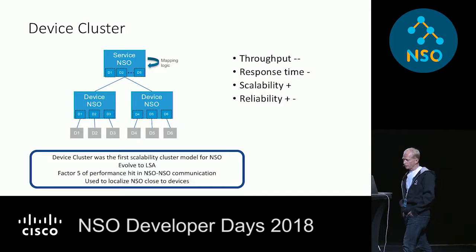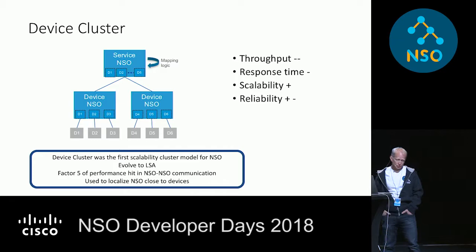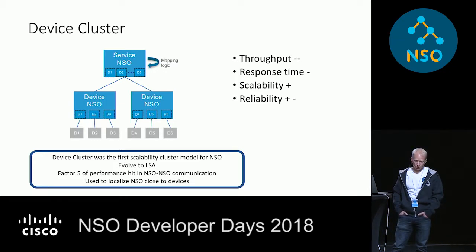So we created what we call device clusters, and they were essentially invisible to the service code, which was really nice. So you could have the same service code that worked on local devices or remote devices. And you could scale your network of managed devices to a really large number.